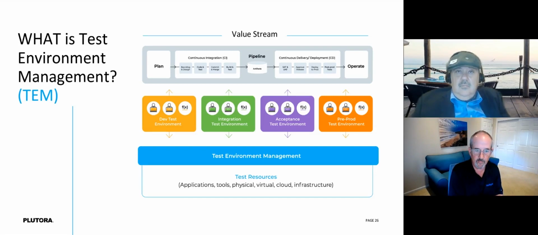So that's a key thing. This is huge, and it was a big eye opener for me a few years ago when we started to see test environment management as a key interest point for the Plutora solution.